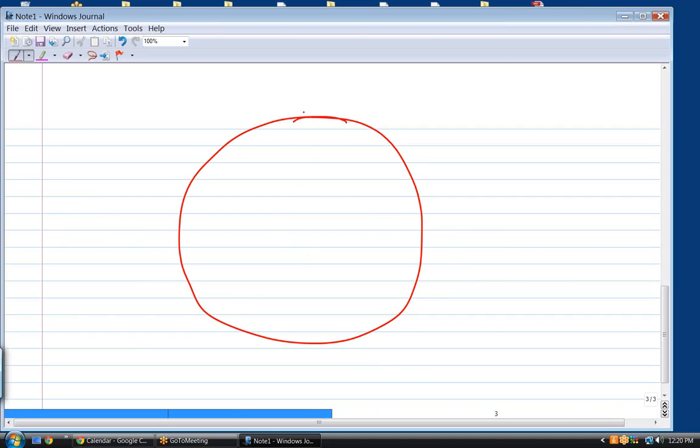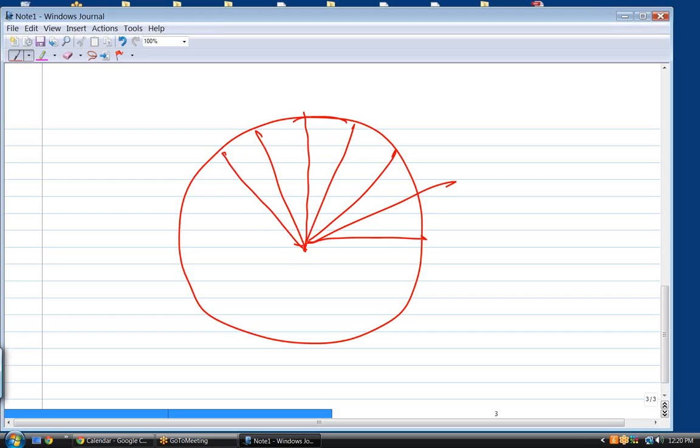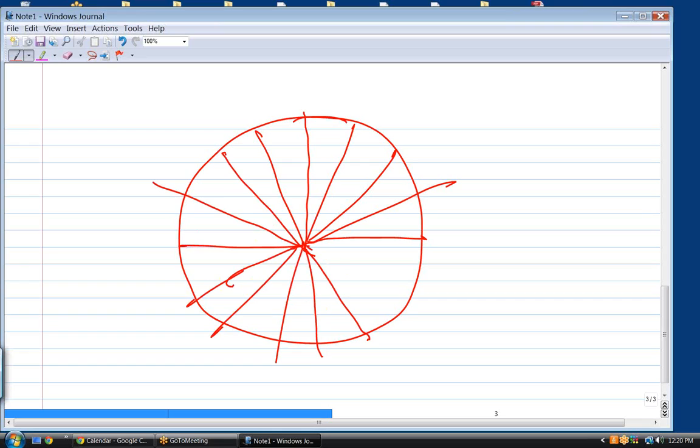Here's what they typically try to get you to do. They break up the unit circle into the 30, 45, and 60, and then they keep going, and they end up with 16 different things they want you to memorize. And nobody can memorize 16 things.